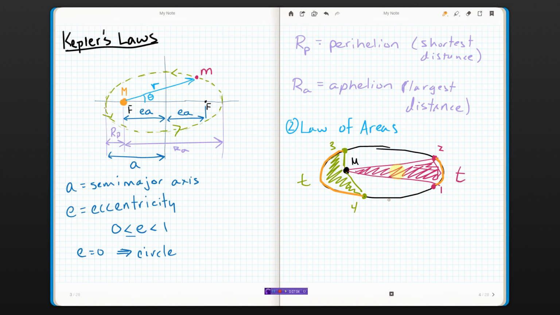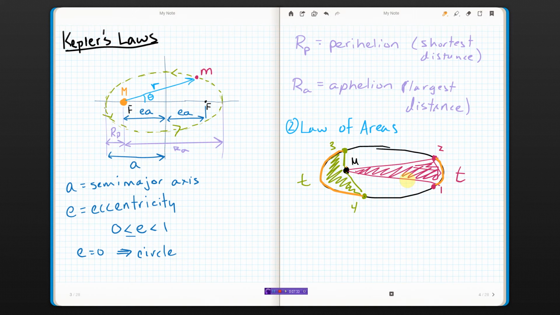I need that to be true because, since this one is closer, it's like area is length times width. Well, this one, the width is smaller, so I need to be more this way. Whereas this one, the length is much longer, so I need less up and down. So in a time t, they sweep out the same area. I know that sounds kind of weird, like that can't be true, but it totally is.